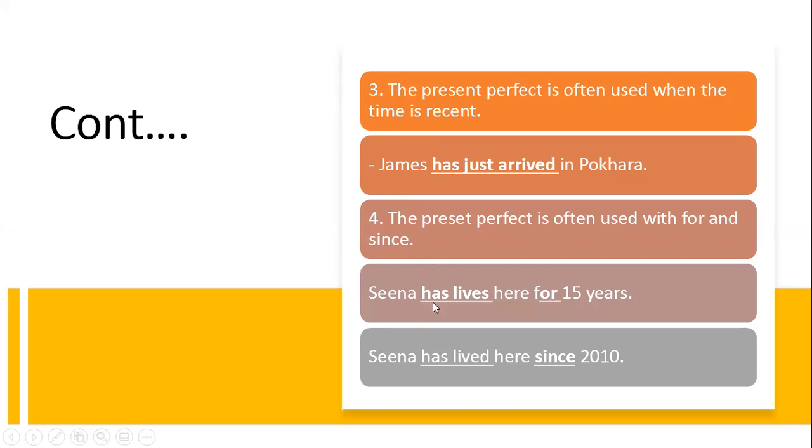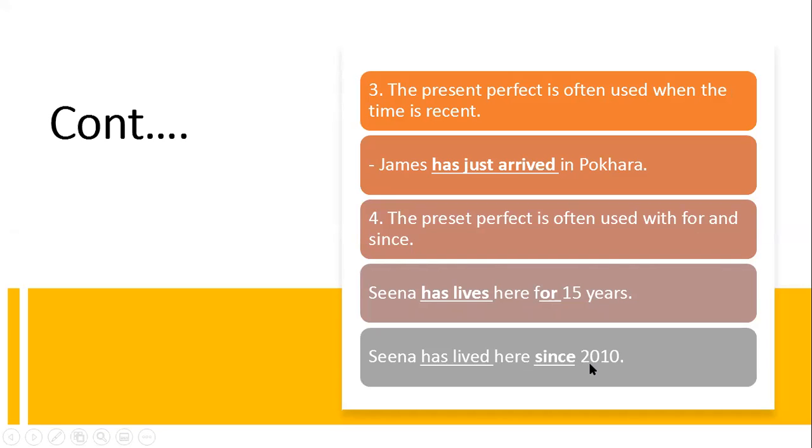For example, Sheena has lived here for 15 years. So for shows that she has been living here for 15 years. And another is, Sheena has lived here since 2010. So it means she has been living here since 2010.